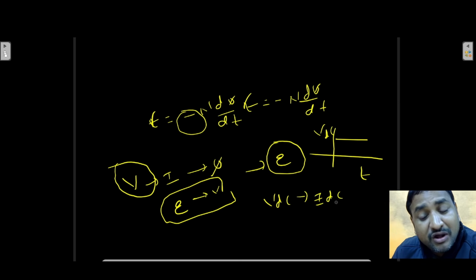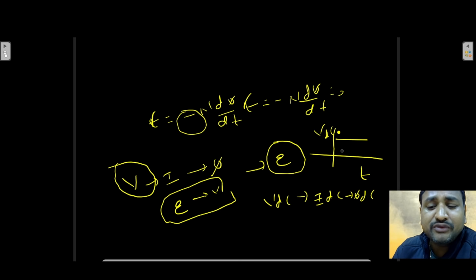IDC produces a constant flux, phi DC. If we substitute phi DC in N d phi by dt, since phi DC is constant, d by dt of a constant is 0. It means there is no induced EMF produced on the primary side.